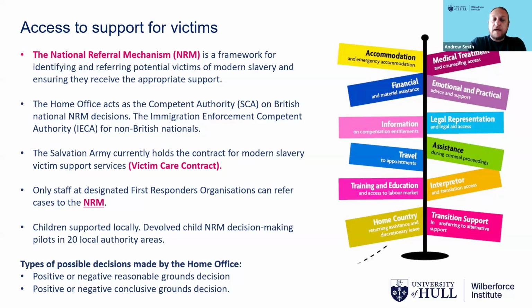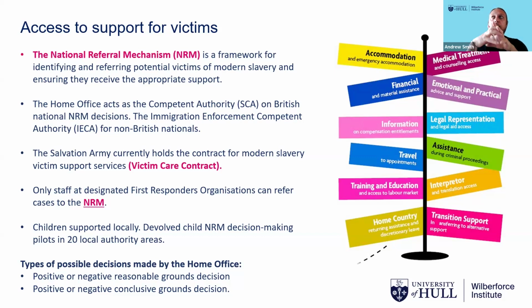For children, anyone under the age of 18, if we come across a child that discloses exploitation or trafficking, or we have a suspicion that they're being exploited, we still refer them into the NRM. We still make a national referral mechanism referral, but all children are supported locally by the local authority as they have a statutory duty to children, of course.